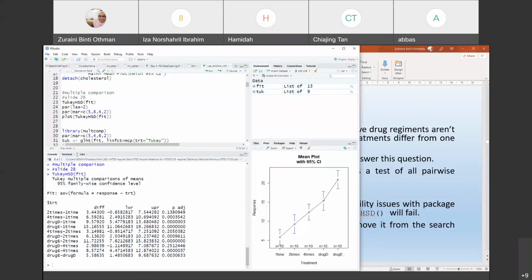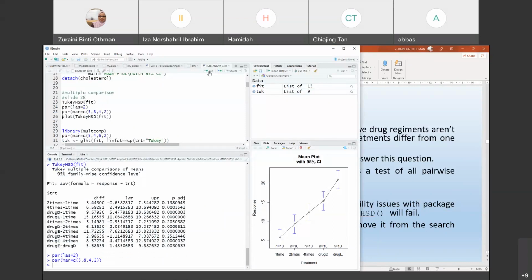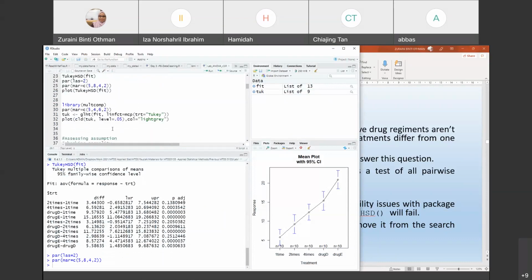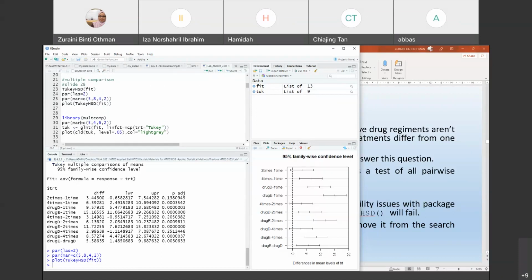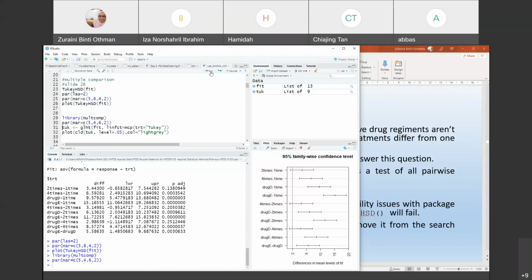This is the function, later we'll explain. Let's just run it first. Then here we use GLHT to see the difference, and let's just run.